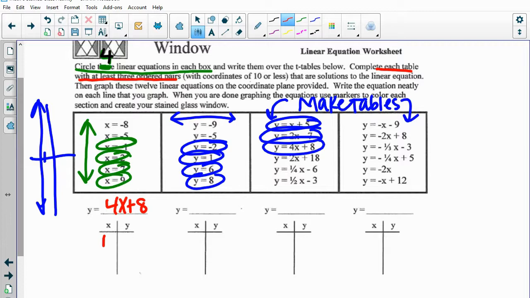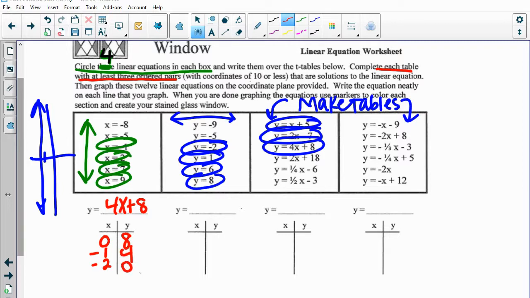You need to pick some numbers that will give you y values that are 10 or between 10 and -10. So what x values might help me get there? Negative, yeah. 0 will work for sure. -1, -2. Because 0 times 4 is 0 plus 8 is 8. 4 times -1 is -4 plus 8 is 4. 4 times -2 is -8 plus 8 is 0.